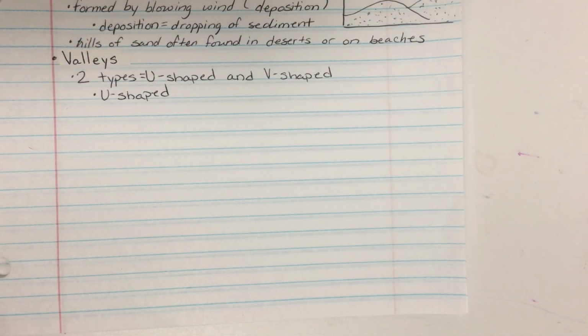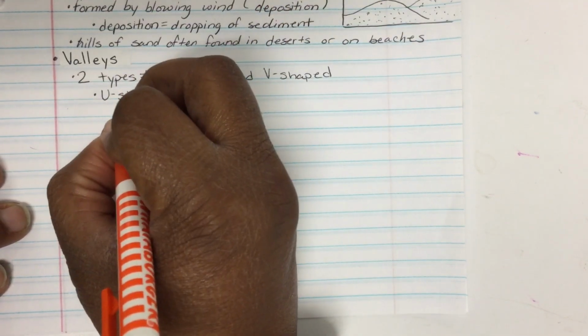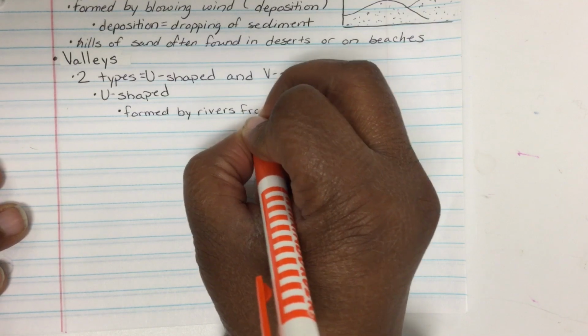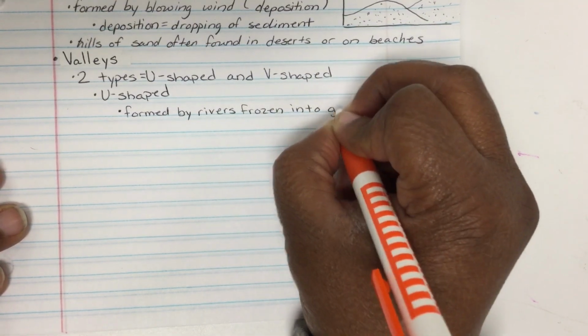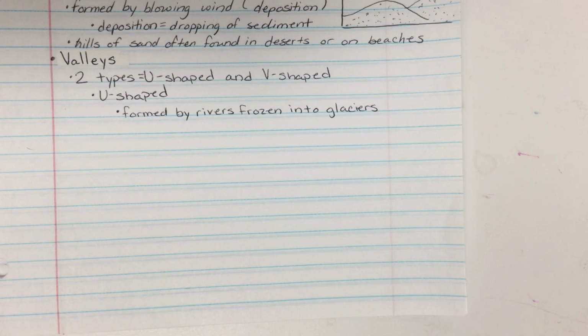U-shaped valleys are formed by rivers frozen into glaciers. All that means is that during the Ice Age, these rivers, they froze into these large masses of ice, and that ice slowly moved throughout valleys, leaving behind this U shape.